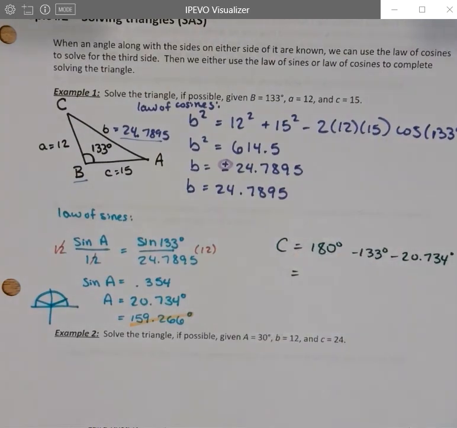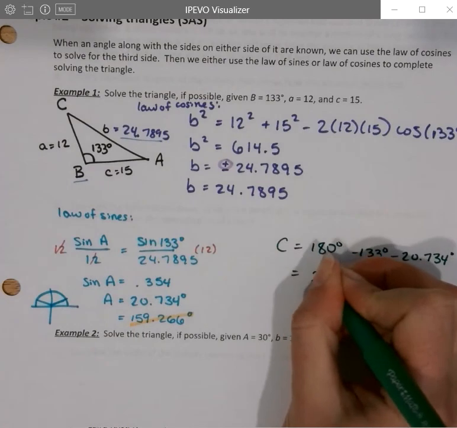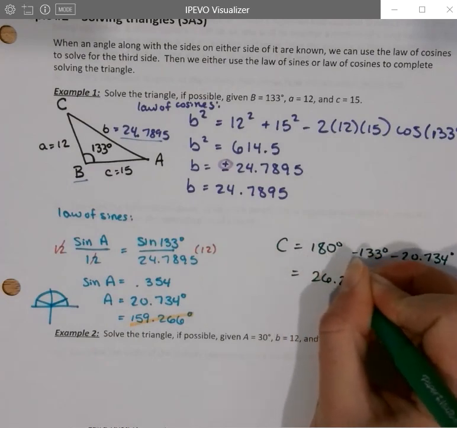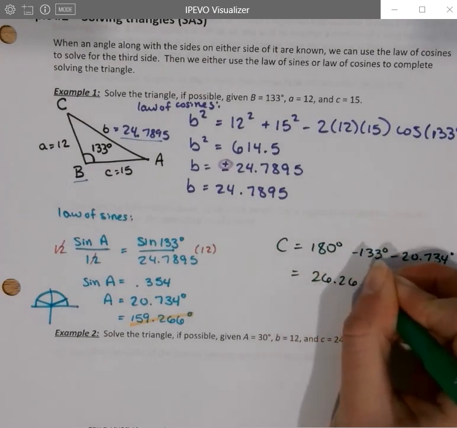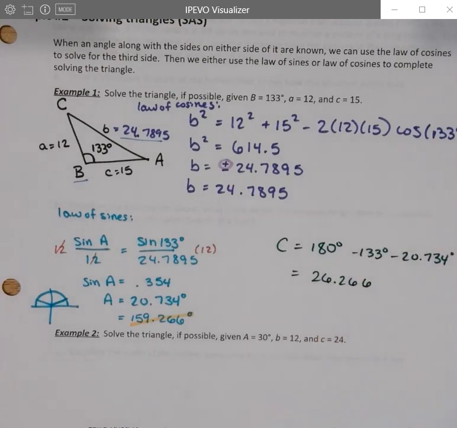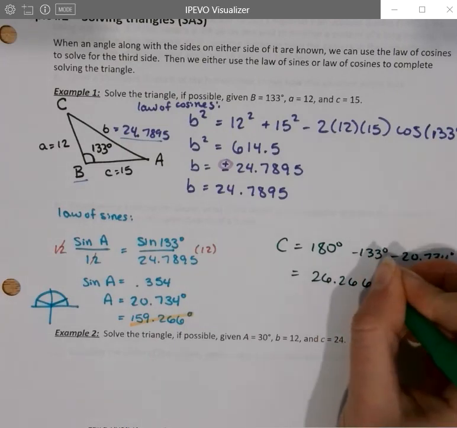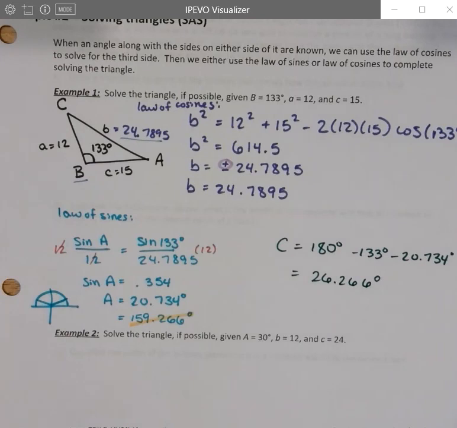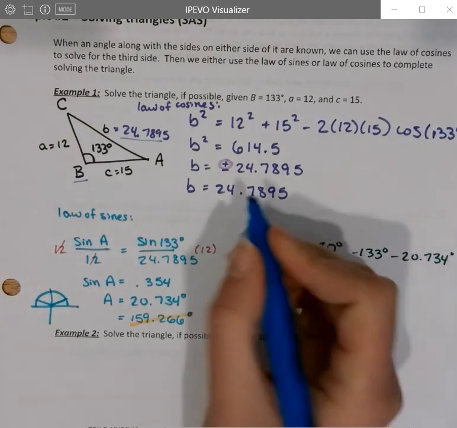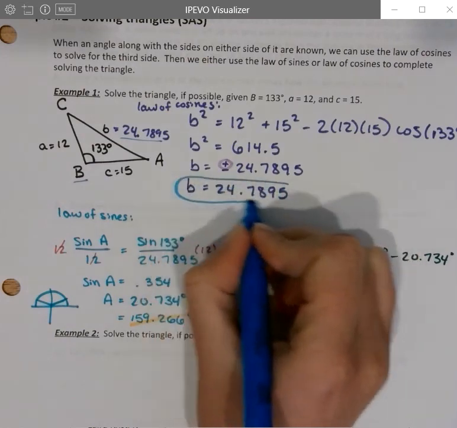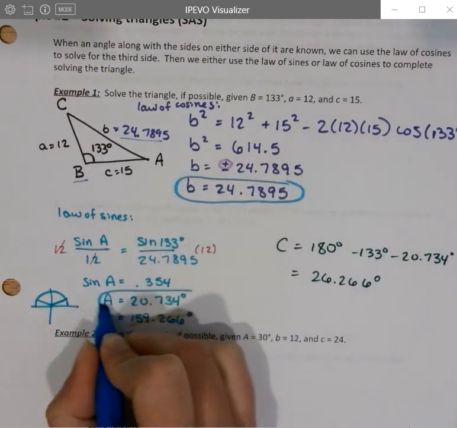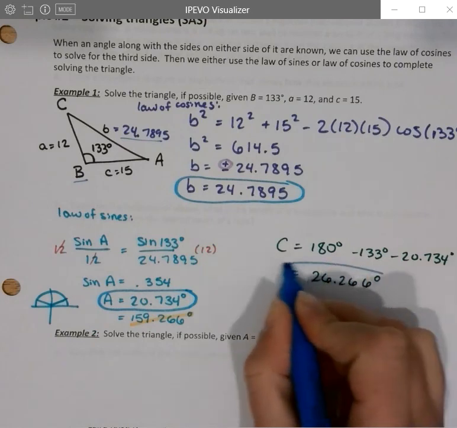And so just a quick calculation and subtraction to subtract those values, and I get 26.266. If I even round it 3 places, it's going to be just 60 right there, degrees. Okay, and that gives us all of the pieces that we needed to solve for. We needed to solve for little b, we needed to solve for angle A, and we needed to solve for angle C.